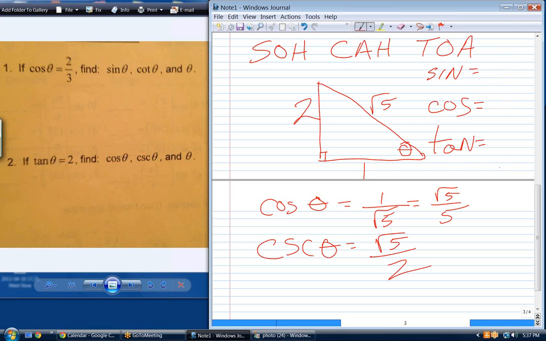What's the reciprocal of tangent? Cotangent. Okay. Cotangent goes with tangent. So there's only two left, secant and cosecant. So we need to remember which one goes with sine and which one goes with cosine.